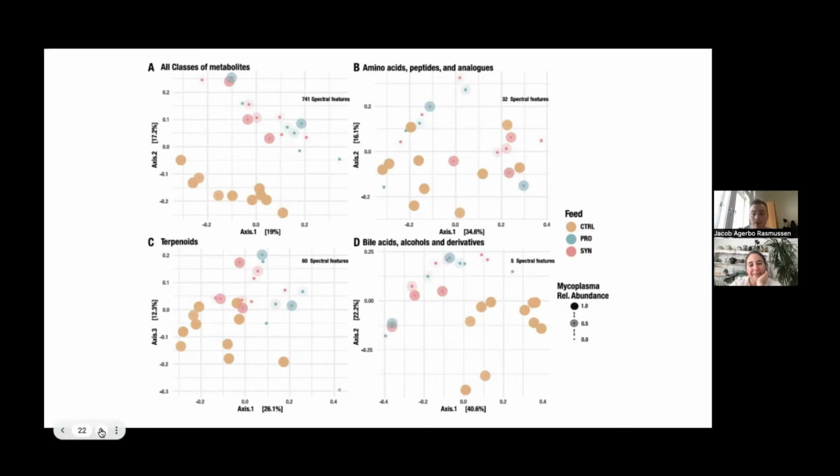And in order to figure out if it is a metabolite, like with DNA, we normally blast it towards a database, right? And then we will see that the DNA has the same sequence composition as a Labrador or something like that, right? But here we cannot do that. So we do a lot of machine learning.